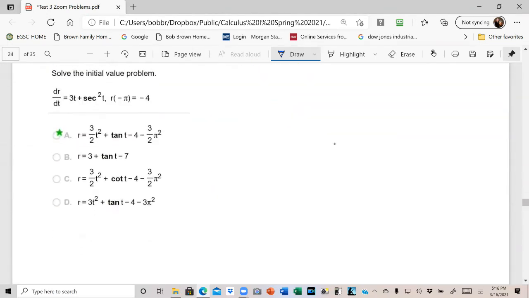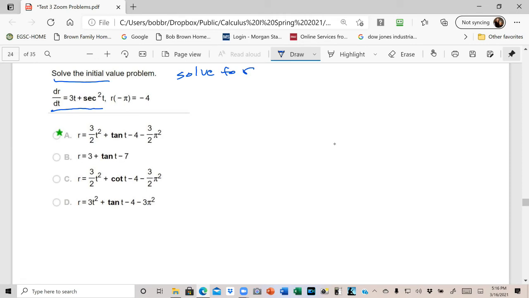Now we have what we call an initial value problem. We're given that dr dt is this function, and we want to solve for r.